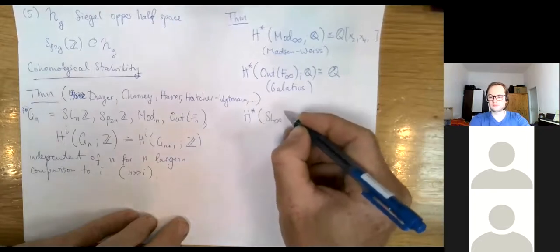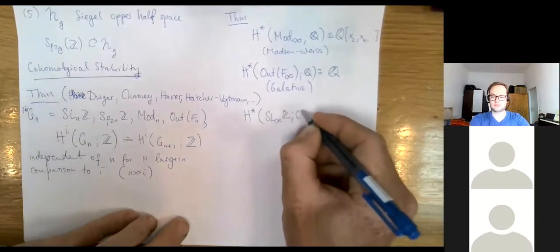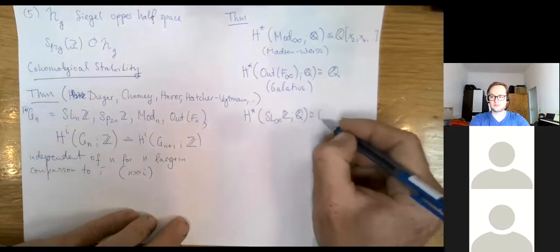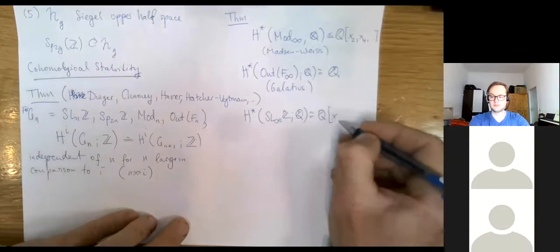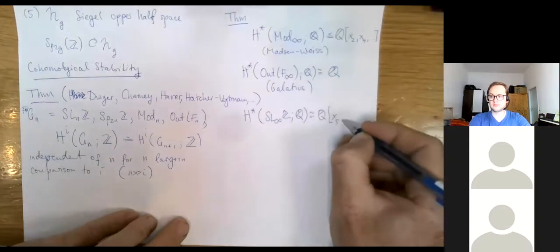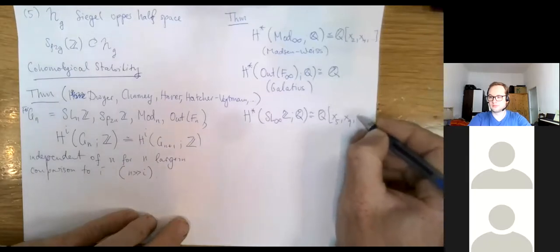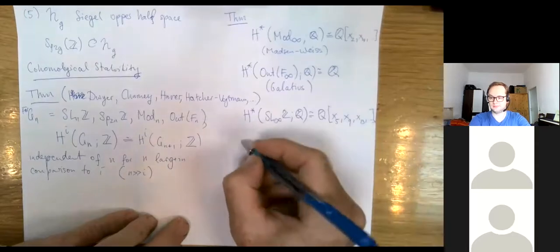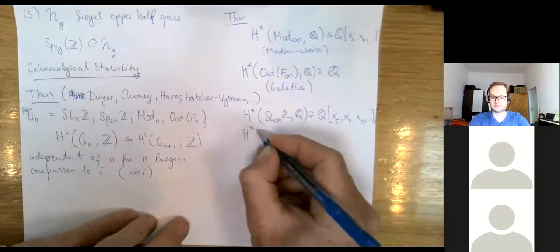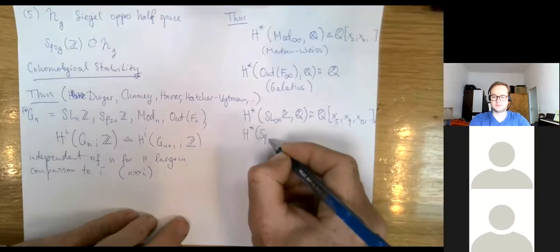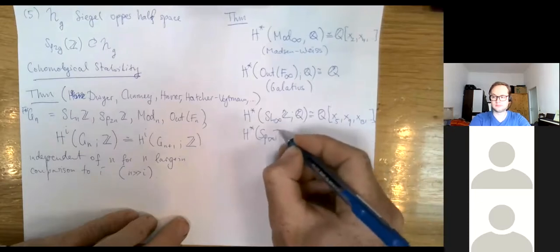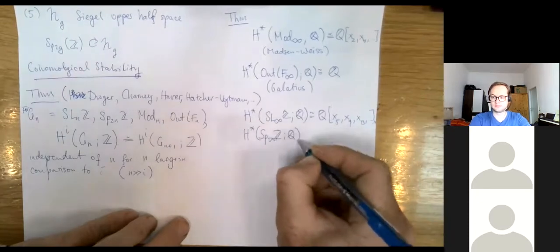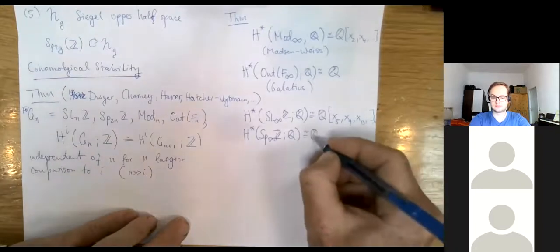For the special linear groups, we have a more complicated pattern of this polynomial ring. So you go on by adding 4 always. And for the symplectic group, you also go on by adding 4.